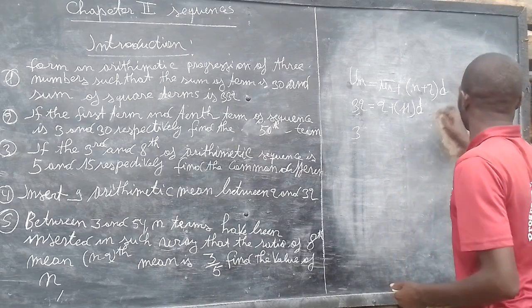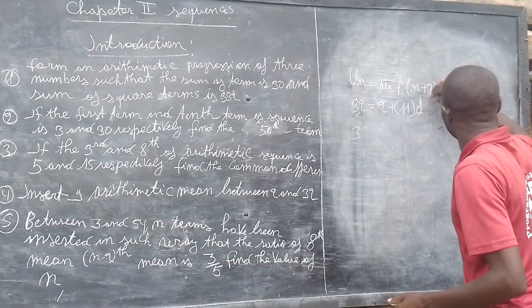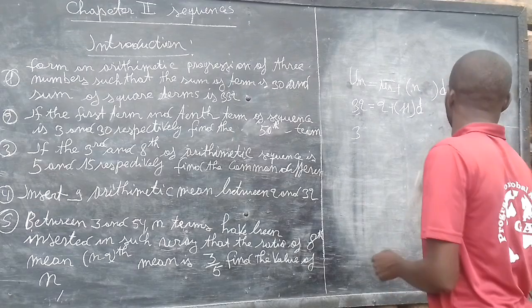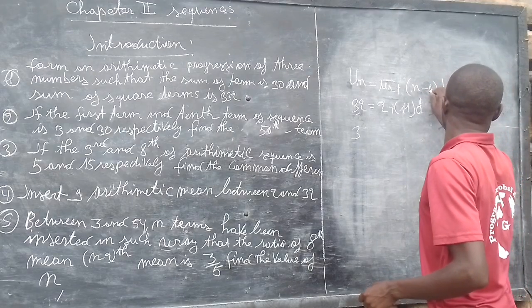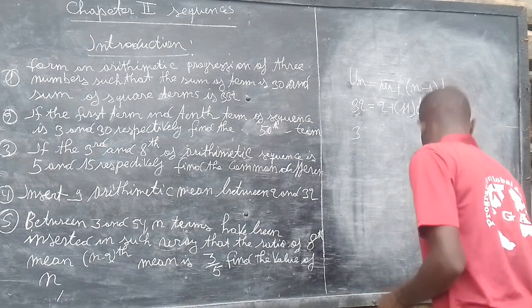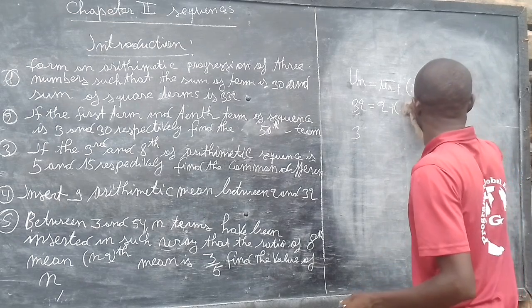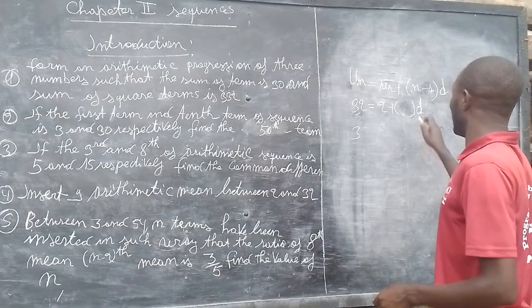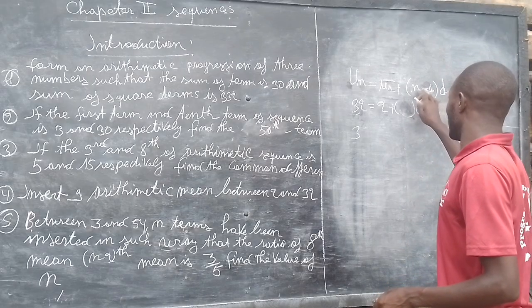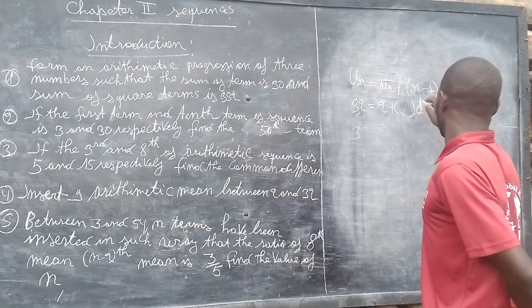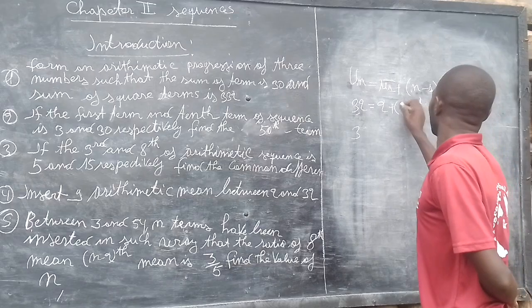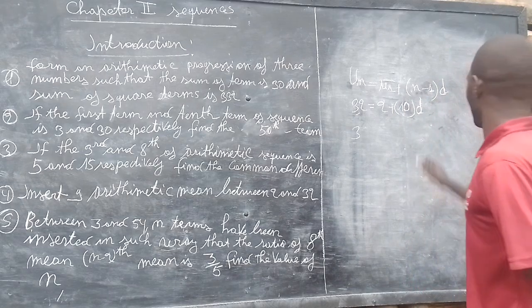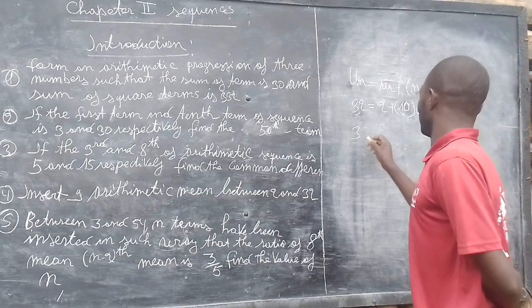It is the same formula, minus 1 here. We will have 11 minus 1, here we have 10. We have 10d. We have 10 numbers.